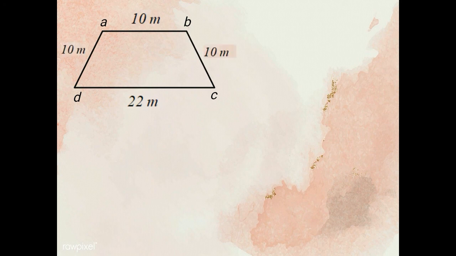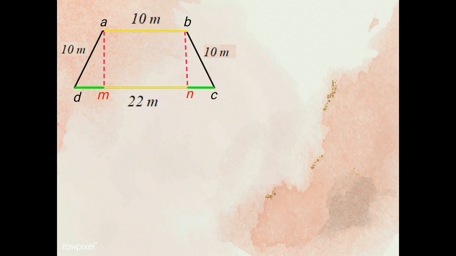Now, in order to find the height of this trapezium, we will draw two height lines. The first line we call AM, and the second line we call BN. From this, it can be seen that length of AB is equal to the length of MN. Since the trapezium is isosceles trapezium, the DM length is as long as CN length.